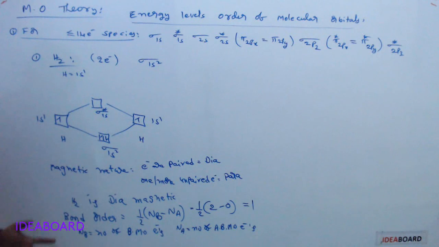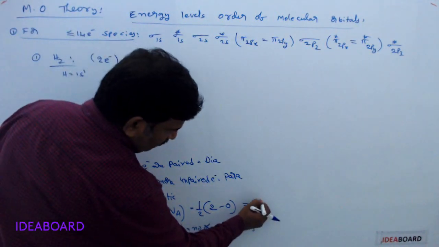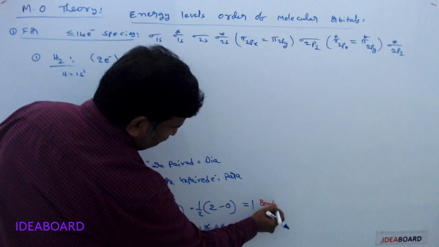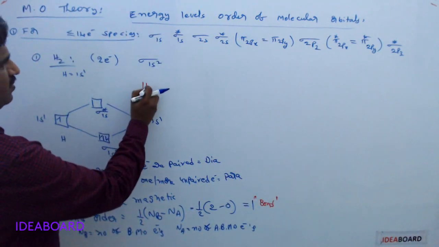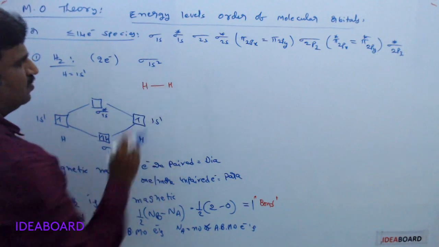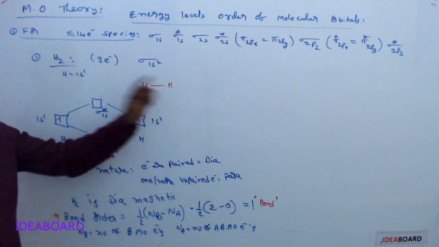What does it mean? Simply remember, bond order is nothing but the number of bonds. One bond is present, which means we can write the hydrogen molecule like this. Here one bond is present between the two hydrogen atoms.